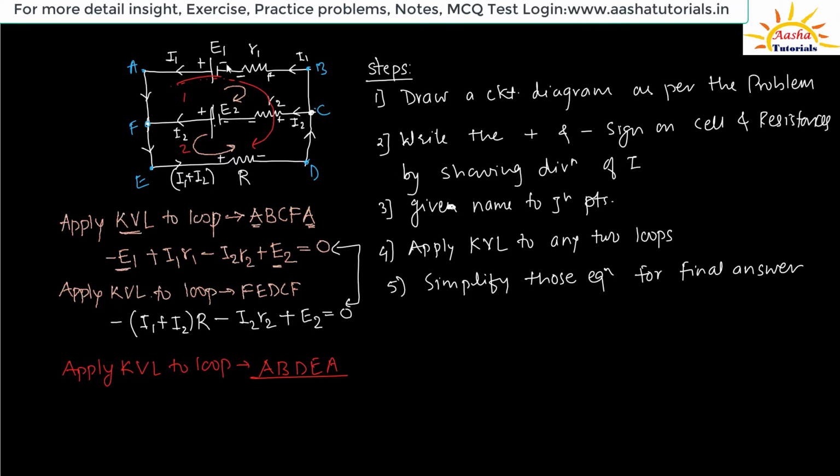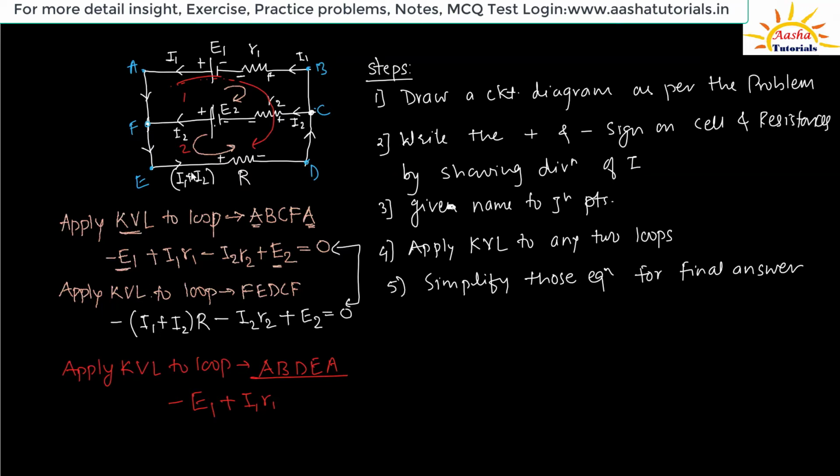EMF, plus to minus, so the sign is negative, and the cell has EMF E1. Then what comes? A resistance R1 through which current I1 is flowing, and the sign is plus. So let me write plus I1 R1. Then up to D, nobody is there.